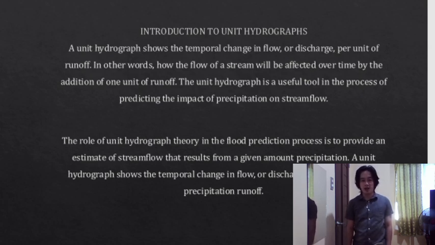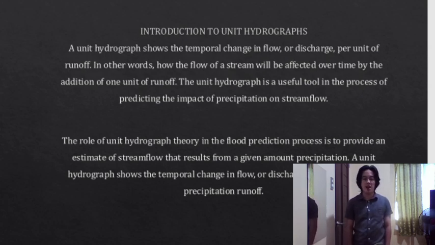In other words, the stream flow will be affected over time with the addition of unit runoff. Unit hydrographs are useful for predicting the impact of precipitation on stream flow, and the role of unit hydrograph theory in flood prediction is to provide an estimate of rainfall resulting in a given amount of runoff.